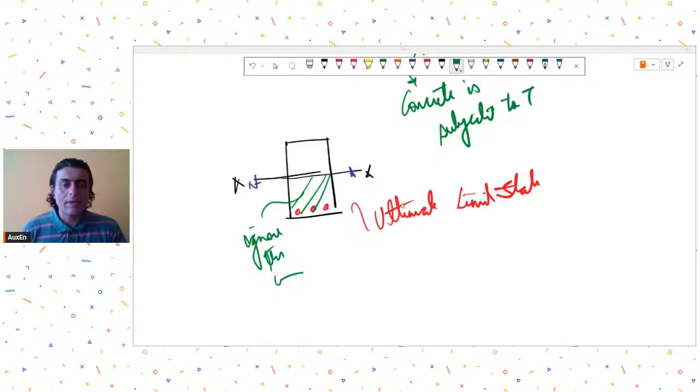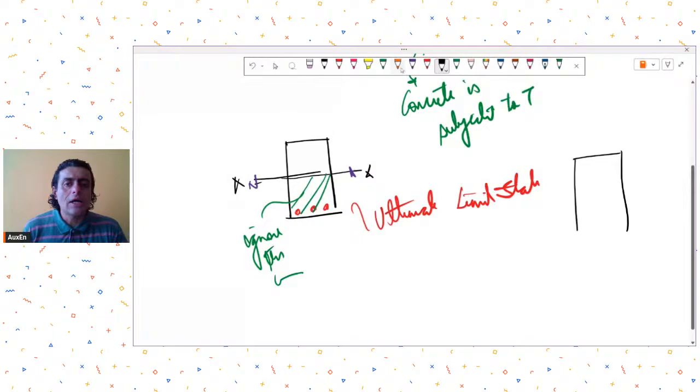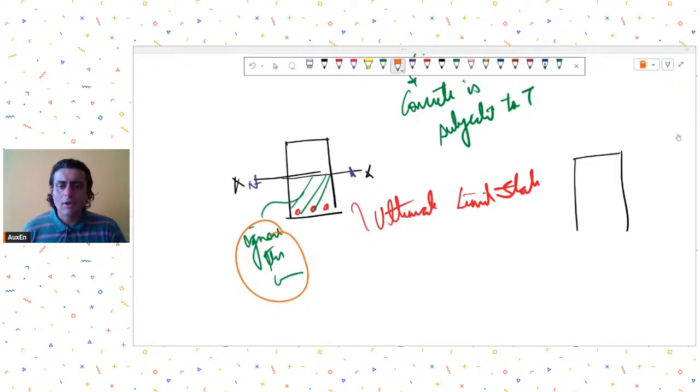So how is software able to understand this? Because the flexural formulae that we calculate are built on this particular assumption that concrete in tension will be totally ignored.